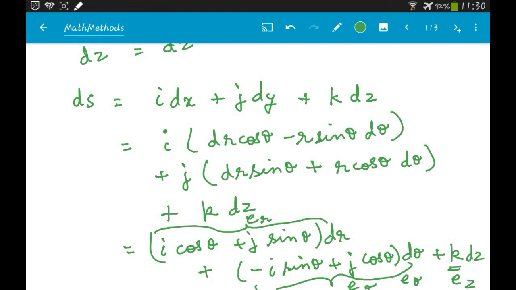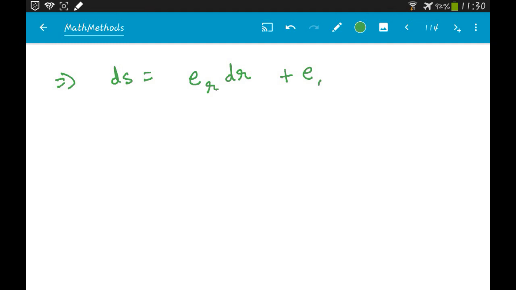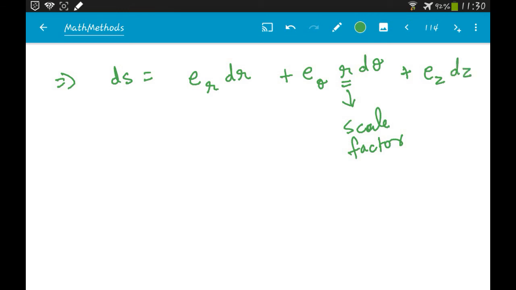Now if you take the dot product of this, you can essentially write ds equal to E_r dr plus E theta into r d theta, because r is the scale factor, plus E_z dz, and ds square will be nothing but the product of this.